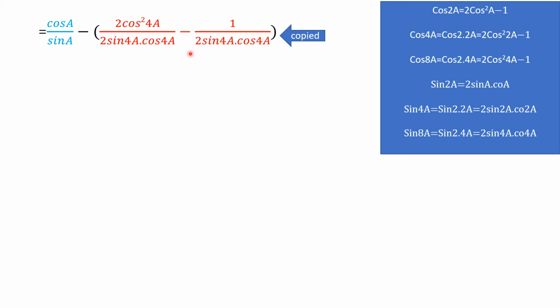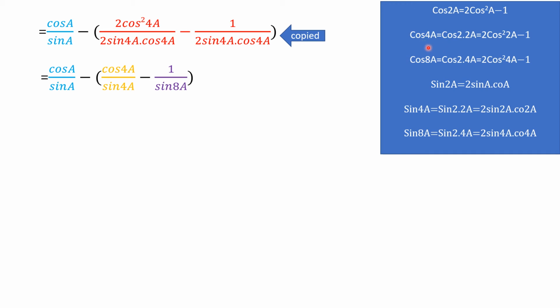And here, can we again write this as sine 8a? Okay, I hope this is clear to you. Again, 1 over sine 8a is cosec 8a, because the reciprocal of sine is cosec. Am I clear?